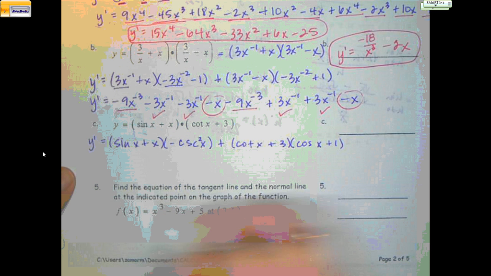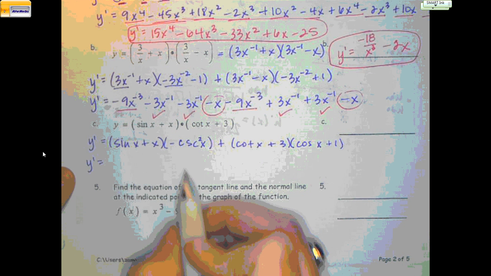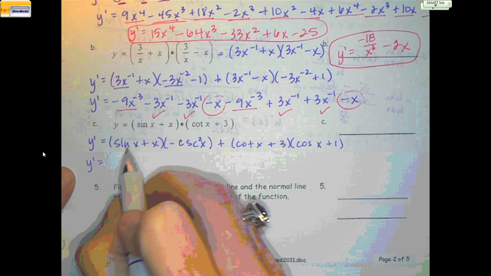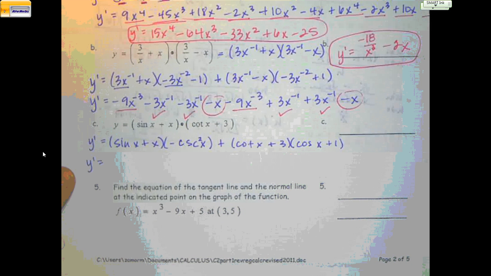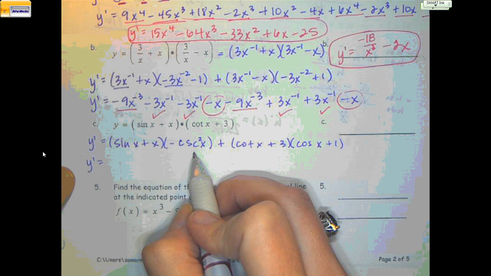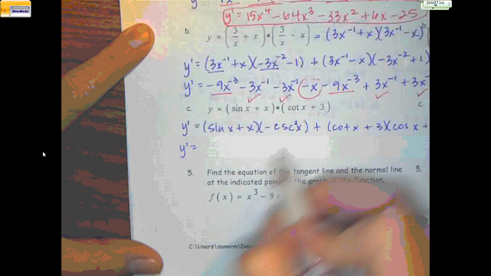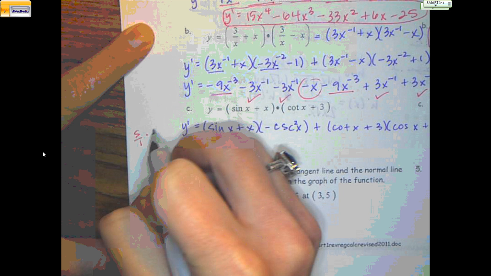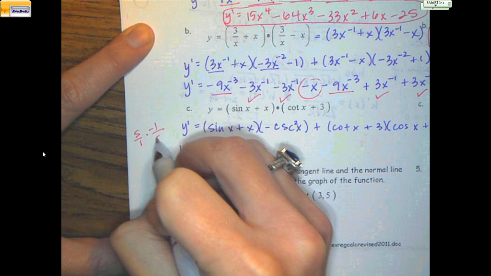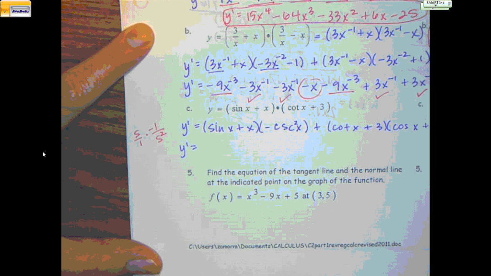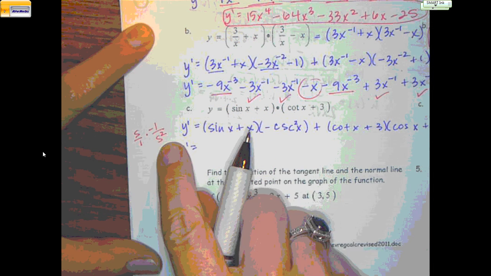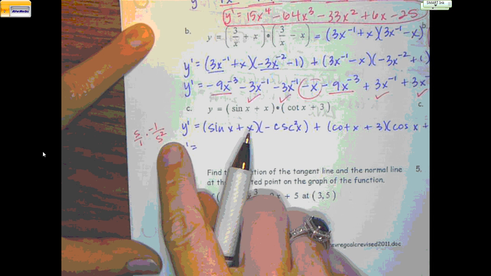And now we multiply them out. So we multiply everybody by negative cosecant squared x. Now, if I take sine of x times negative cosecant squared x, watch this on the side here in the margin. Sine over 1 times negative cosecant, isn't that 1 over sine squared? So what happens here?